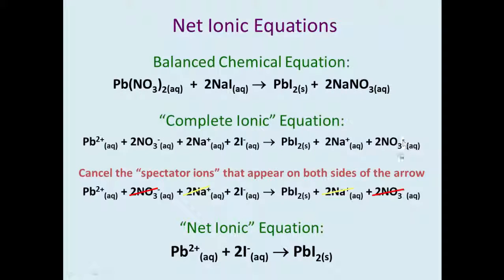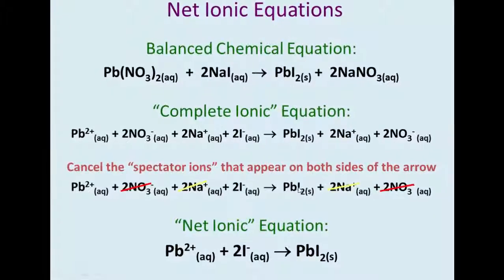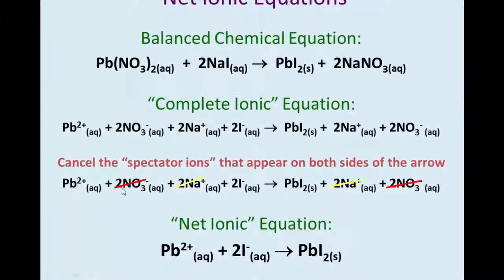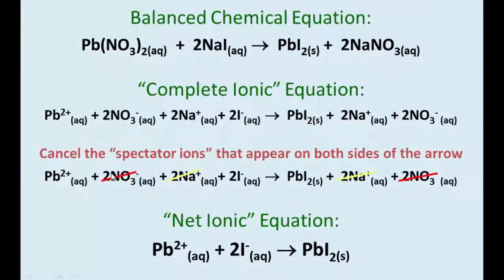At this stage here, we can go ahead and cancel out all those spectators. All those people that are at the show, but they're not really doing anything but watching. So we want to check everything on the left side, the reactant side, with everything on the product side. You notice here we have a lead nitrate, Pb+2. There's not a Pb+2 here, so I can't cancel that. Here I have a 2NO3−, 2NO3−, so you see the red line going through canceling that.